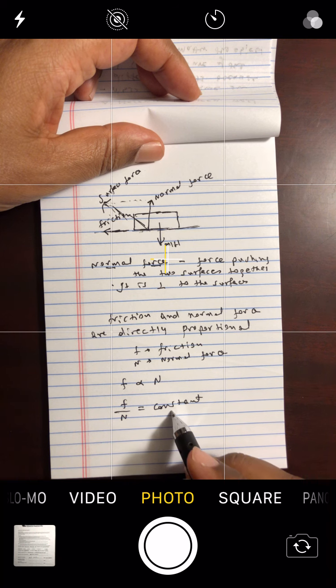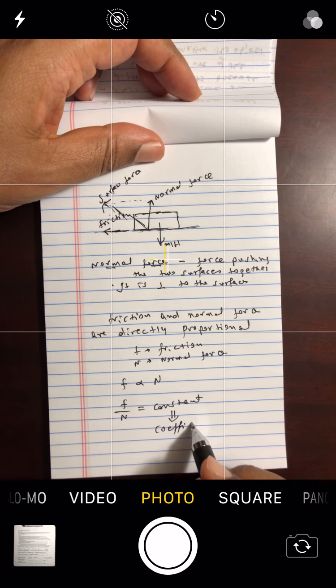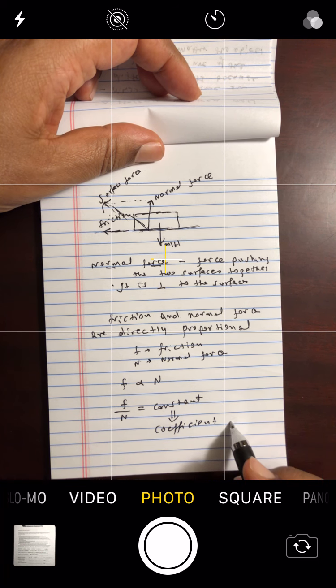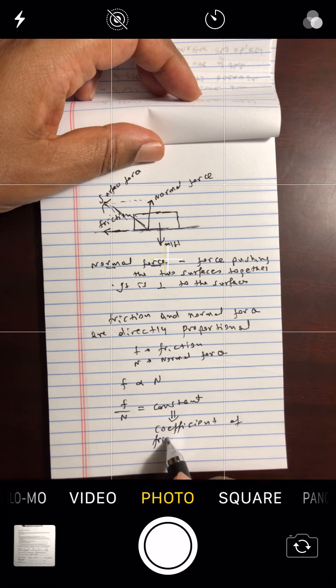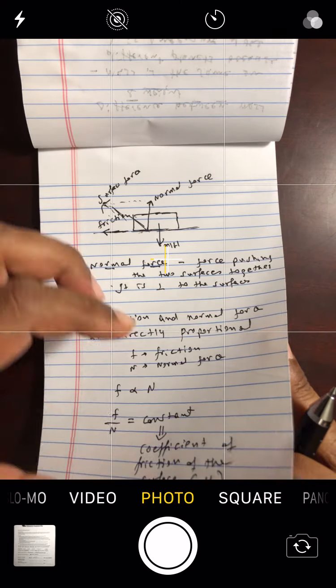This constant is a property of the surfaces, and it's called the coefficient of friction of the surfaces. And we're going to use the Greek letter mu to represent it, okay? So we have the following equation.